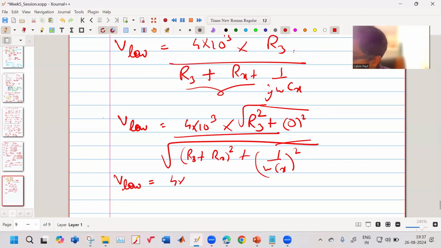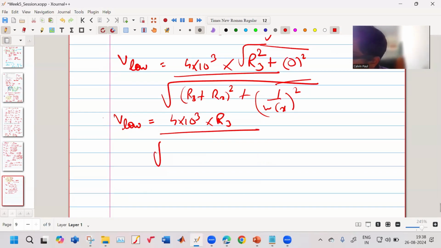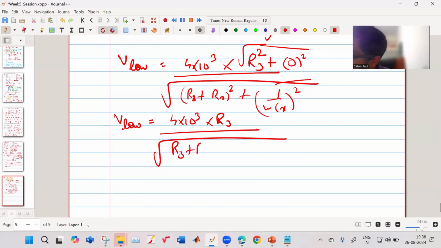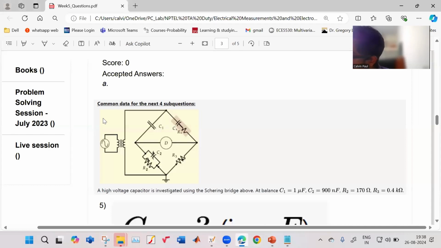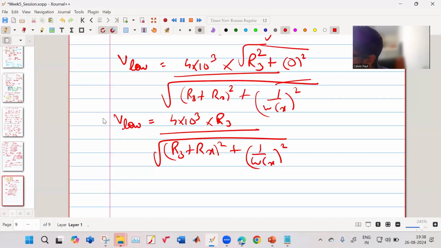So that is equal to 4 into 10 to the power 3 into R3 upon square root of R3 plus Rx the whole square plus 1 upon omega Cx the whole square. So what is my R3? My R3 is 0.4 kilo ohm, that is 400 ohm.